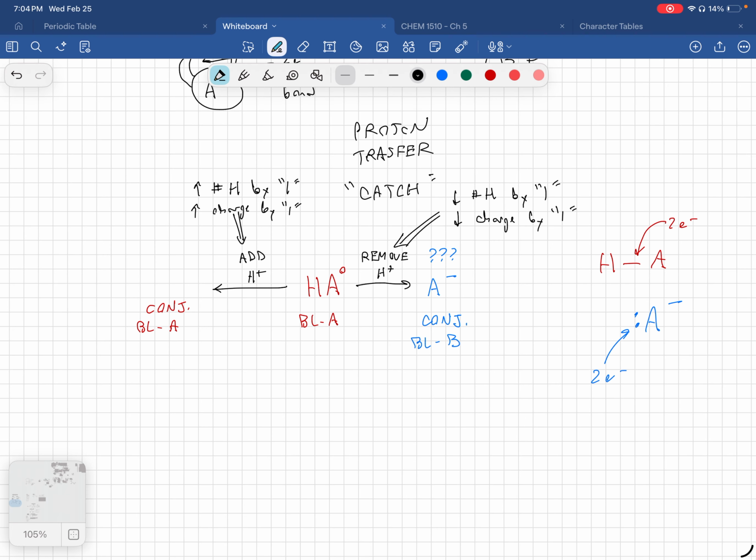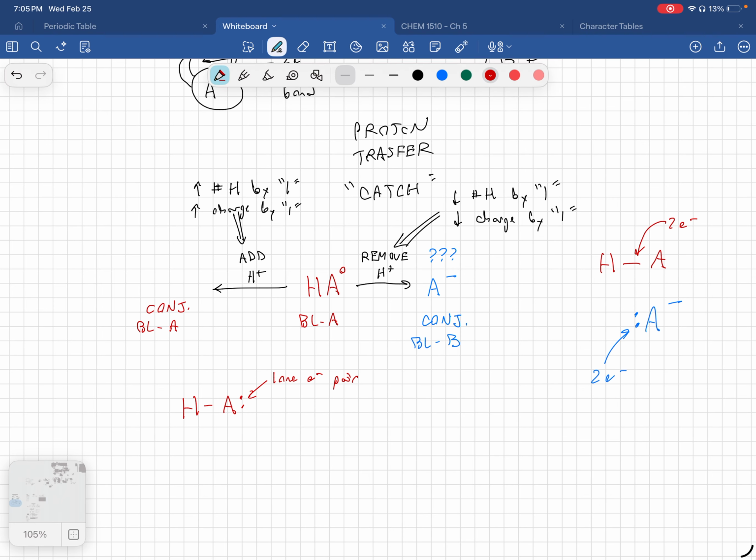Now, this could only occur if A has a lone electron pair on it. It's covalently bound to a hydrogen, but it has another lone pair free to accept another proton.